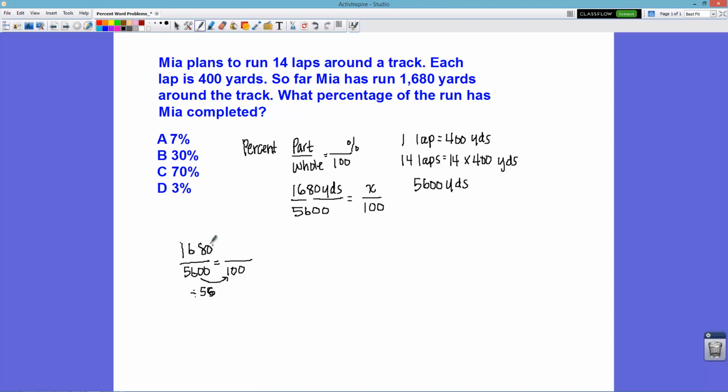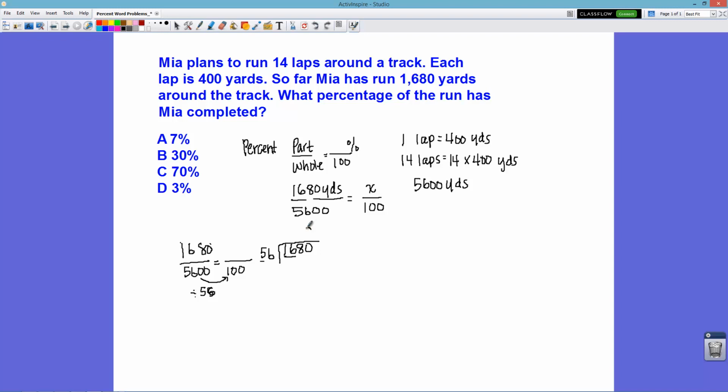So 1,680 divided by 56 should give me, let's see what that is. 5 goes into 16 about 5 times, so I'm just going to write 5 up here.